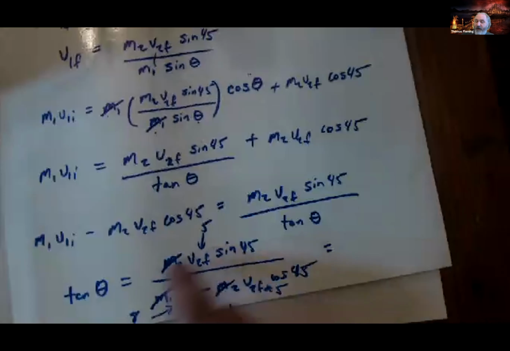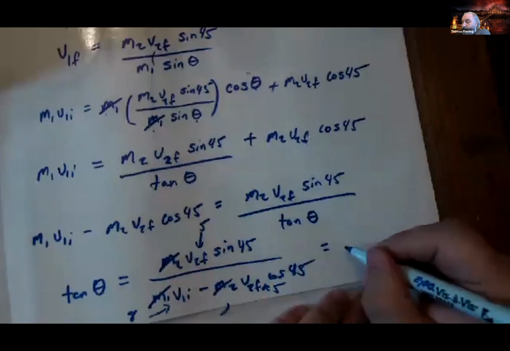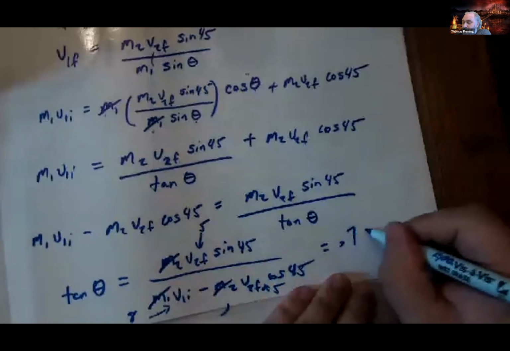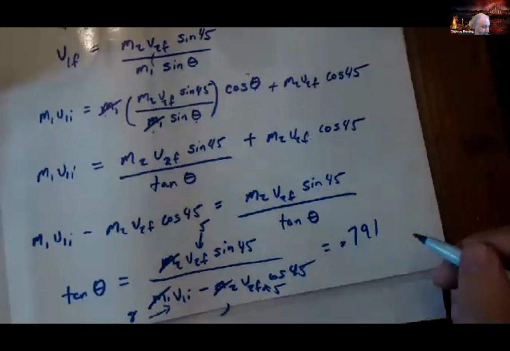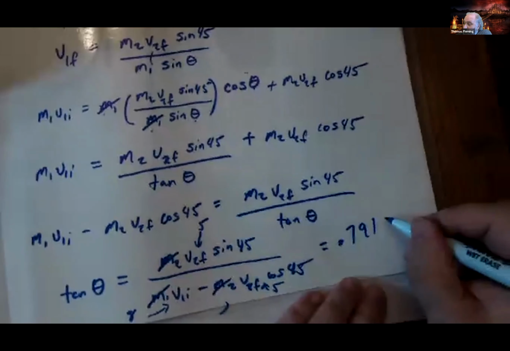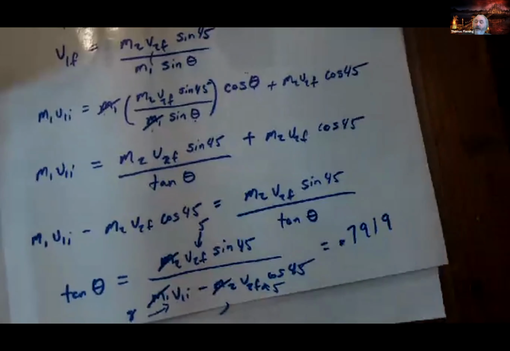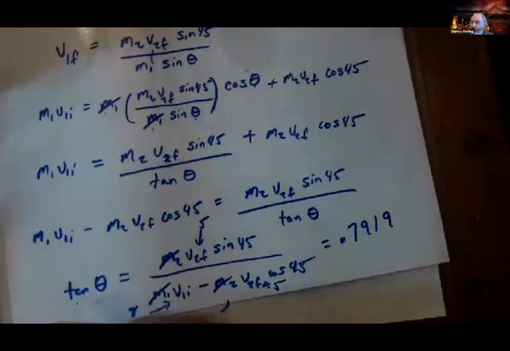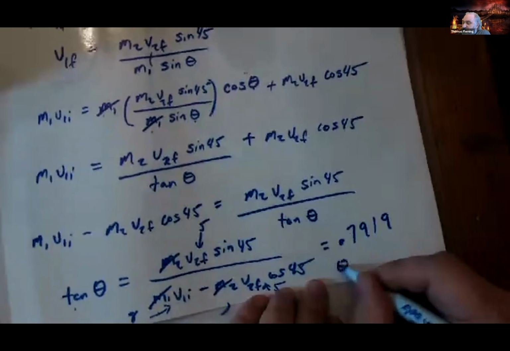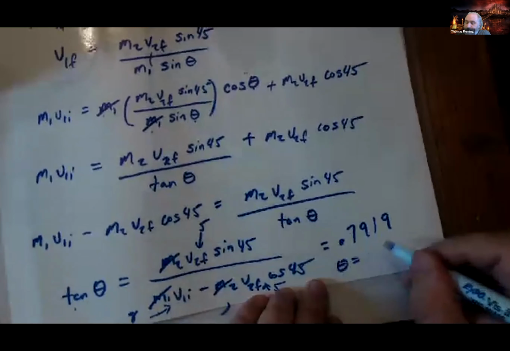So for this entire fraction, I get about 0.719. Or sorry, 0.791. I'm becoming dyslexic in my old age. Let's carry out one extra sig fig there. Now, if that's the tangent of theta equals this, then theta should equal the inverse tangent of that.